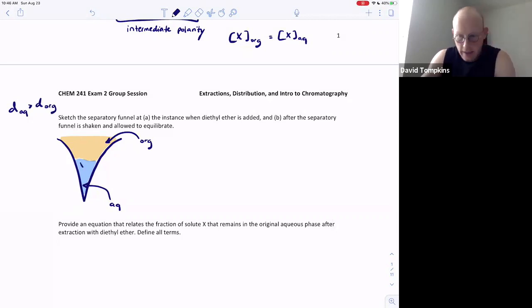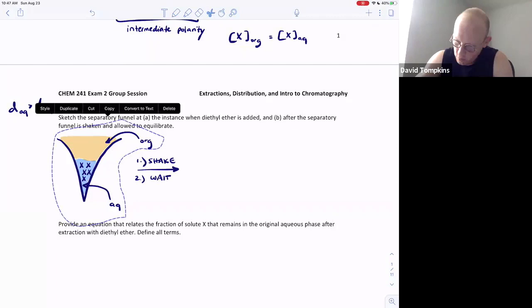If we start out with aqueous compound X, let's say we have 5 molecules of X in that given volume of aqueous layer, or 5 moles, however you'd like to interpret it. If we stopper it, shake it well to allow for equilibration, and then wait for the compound to settle out at a constant concentration in each phase, what we're going to observe is this change.